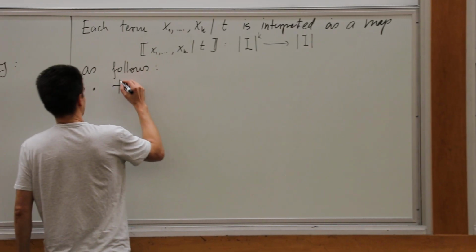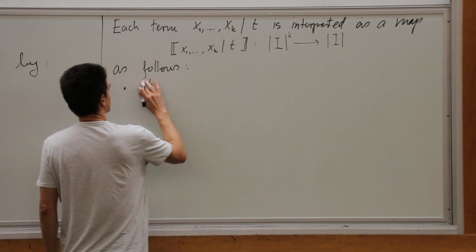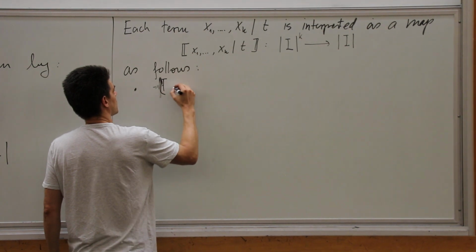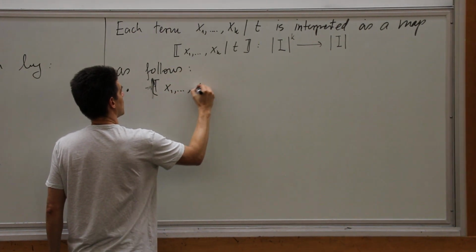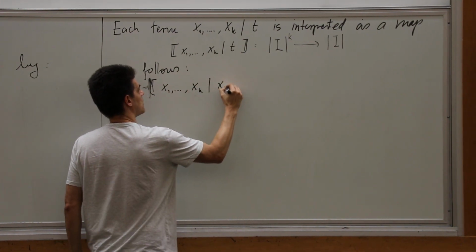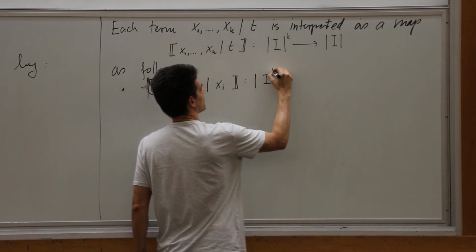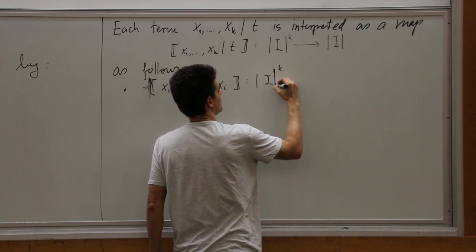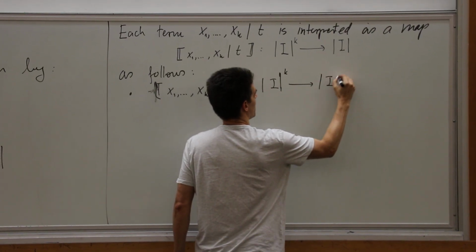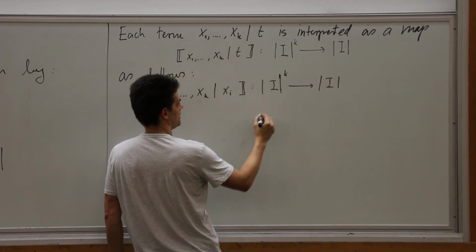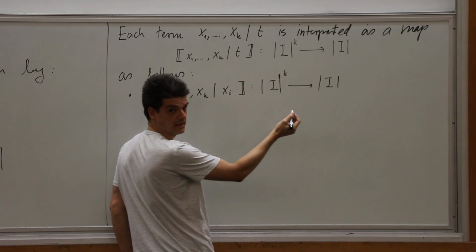So the variable, how do we interpret the variable xi? Well, this needs to be a map which goes from I to the k to I. It's the ith projection.